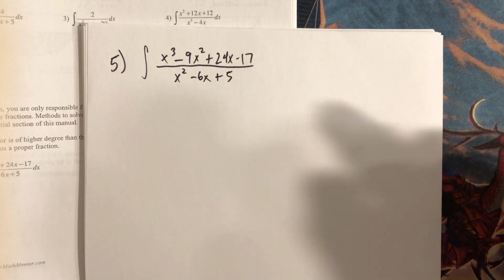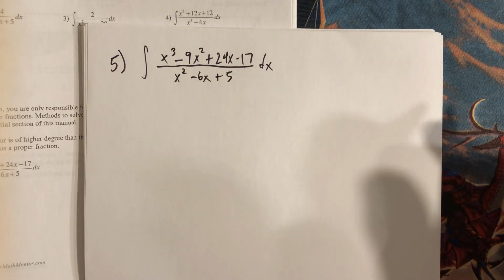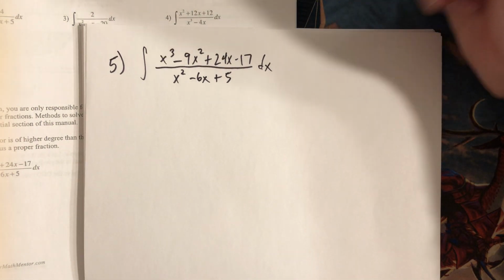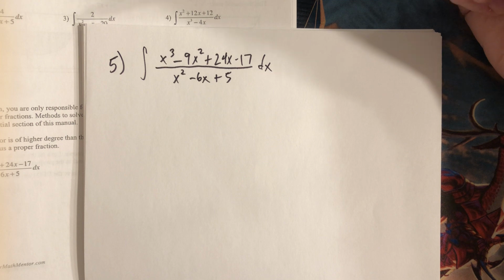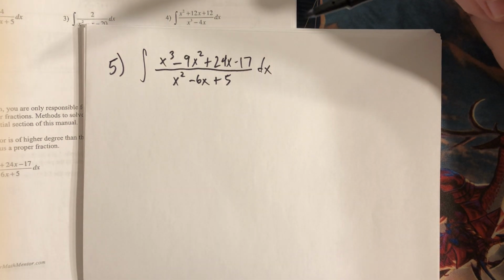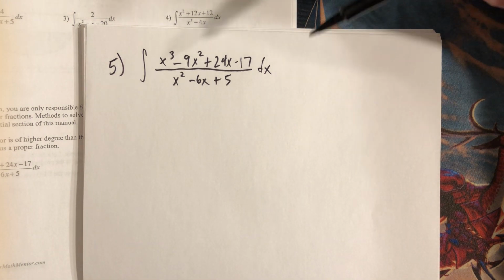So this one, since the top has a higher power, partial fraction decomposition doesn't actually work. If we did like our little trick here, we would get numbers, but they wouldn't actually be the right numbers.